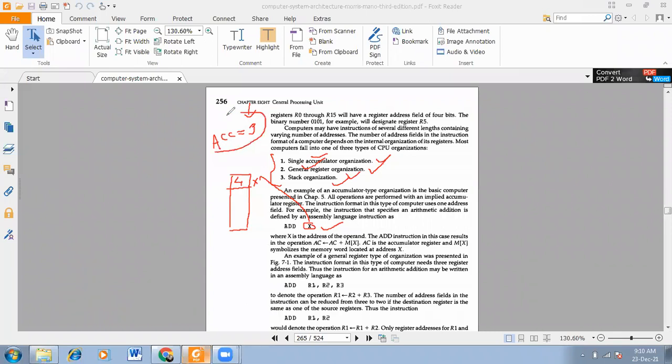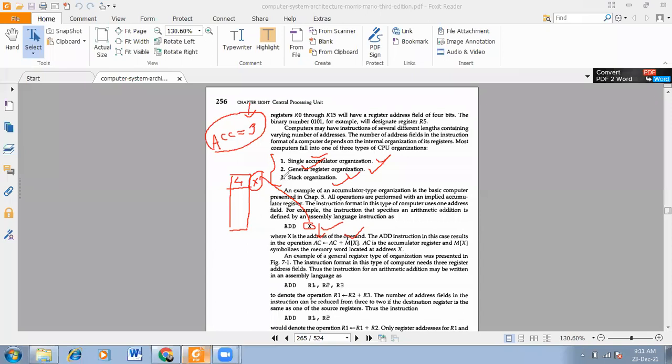Content of the accumulator would be added with the content of the location X. Content of the X memory location means M of X, as we know. X is the address part. When you write M of X, that means X location में जो data है वो must be selected. So accumulator में 3 है, M of X में 4 है. So 3 plus 4 कितना हो गया? 7 हो गया accumulator में. Now temporarily it will be at accumulator. Now temporary register there, that will go there, and ultimately maybe in the data register. Ultimately you can store it somewhere in the memory location. That is a different issue.